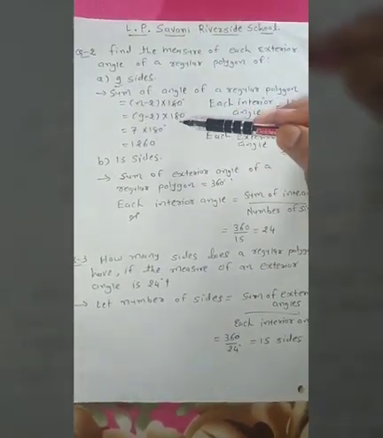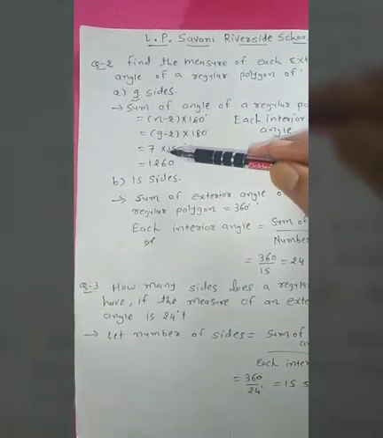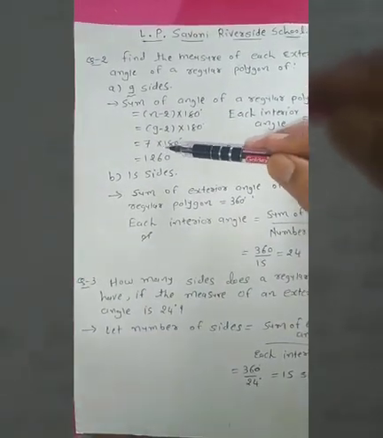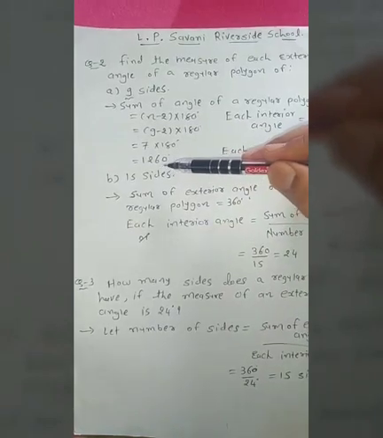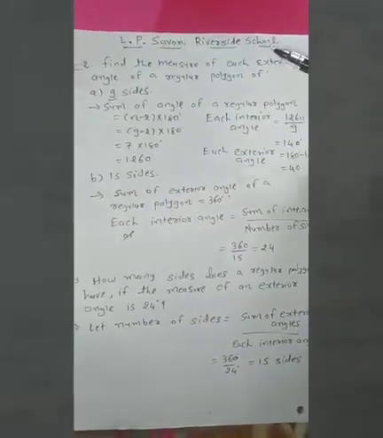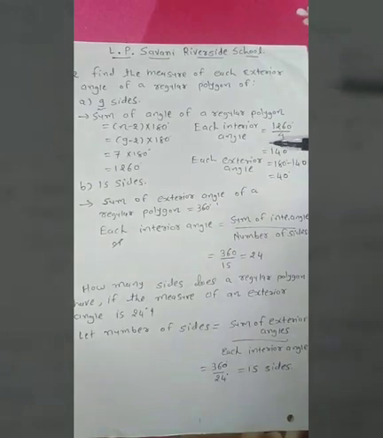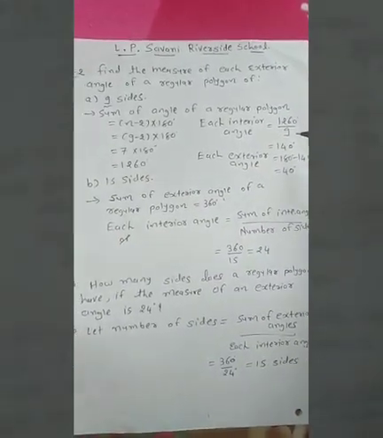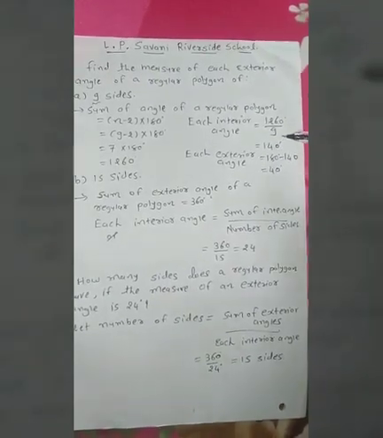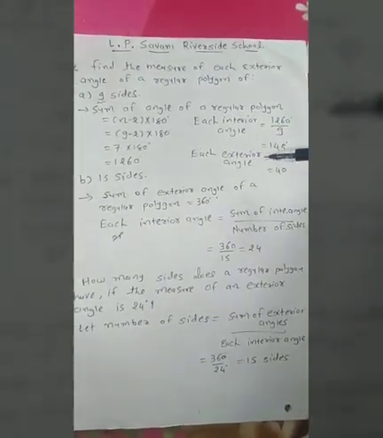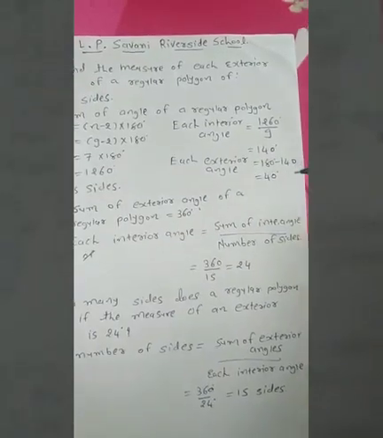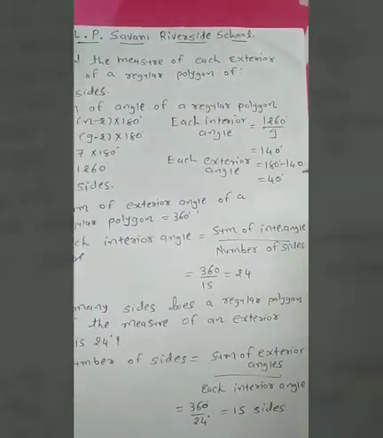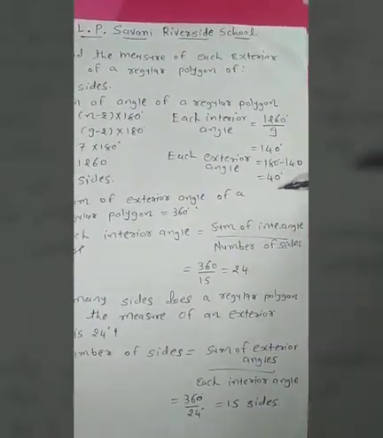So 9 minus 2 multiplied by 180 gives 7 multiplied by 180, which gives 1260. So each interior angle is 1260 divided by 9, which gives 140. Each exterior angle is equal to 180 minus 140, which is 40.